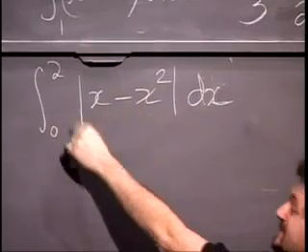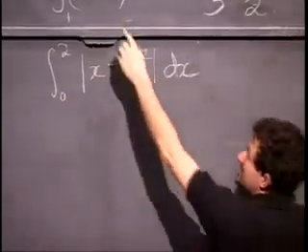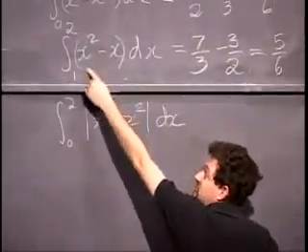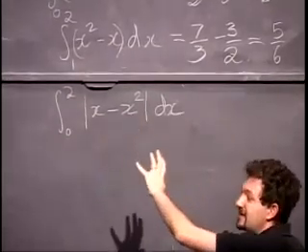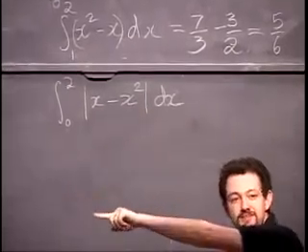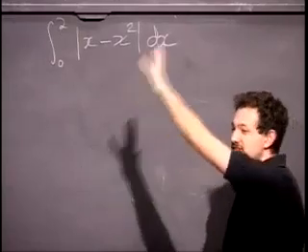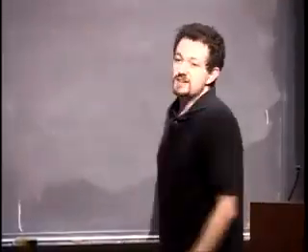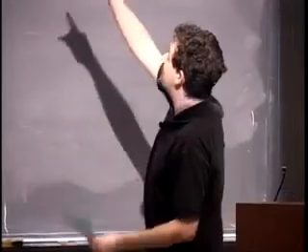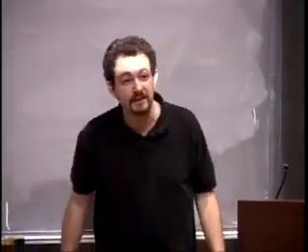When you go from 1 to 2, the absolute value is actually this, because x squared is bigger than x. So I want you to understand that what we've done is nothing other than what we did over there. It's all about absolute values and differences between two things. It's just a little more fancy because we have two functions. But ultimately, we're combining them into one function and taking absolute values in it. So we've done something very similar.